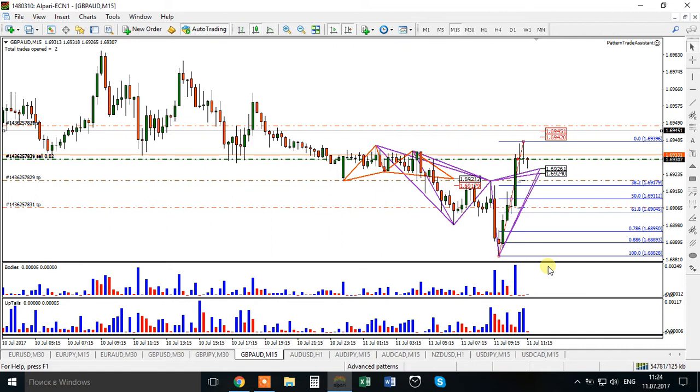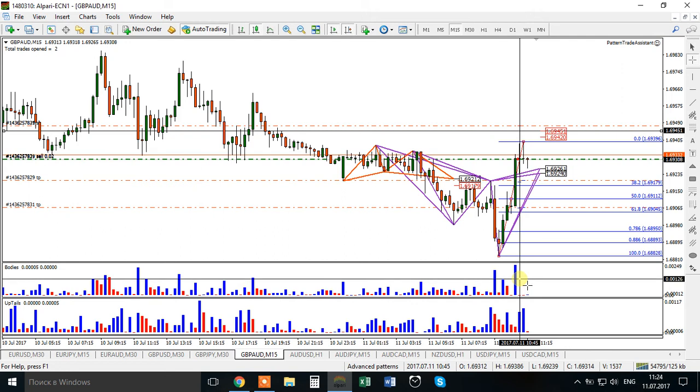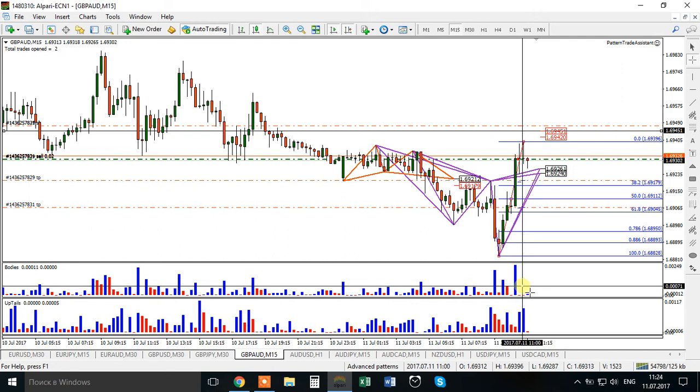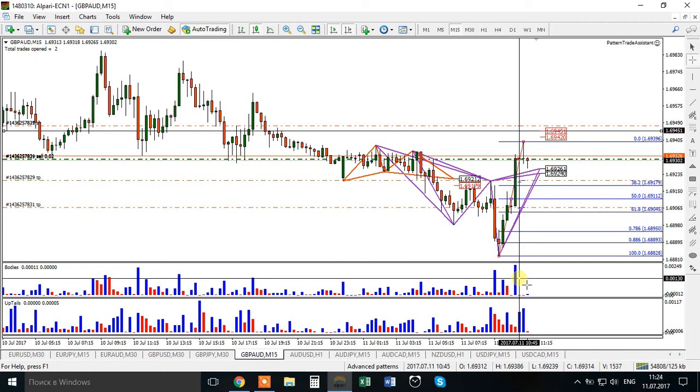So what does my rule say? My rule says that I should have at least two candles being red. This is the confirmation. Two candles being red. Bodies, I mean two bodies being red. It means that the histograms should be smaller than previous, being red. And these two histograms should be blue. You see?